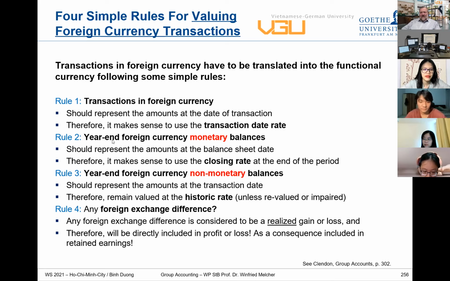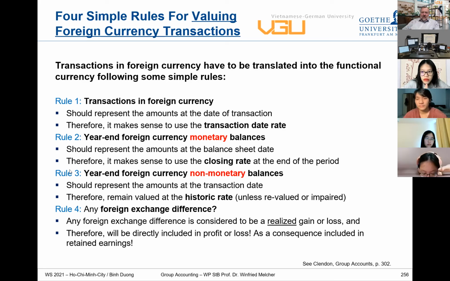Okay, so the second rule is related to how close a balance sheet item is to money. We distinguish, we separate monetary and non-monetary items on the balance sheet.